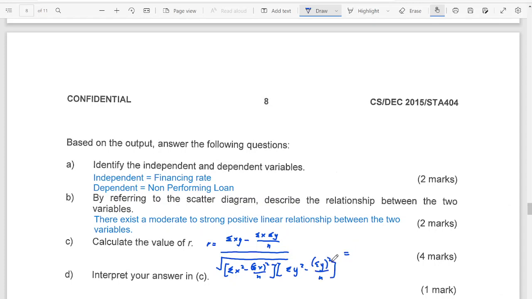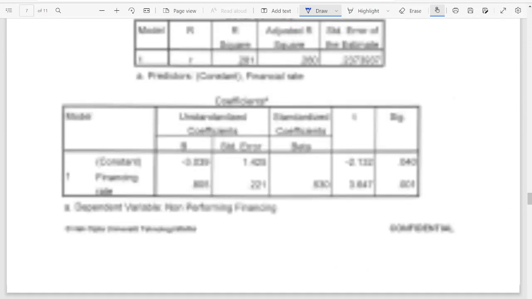Okay, and then you punya answer whenever you calculate this one, so actually you tak perlu calculate pun, you just substitute saja. So you just substitute the value and then you write down the answer. So answer dia boleh dapat kat mana? So kat sini you ada dah kan.